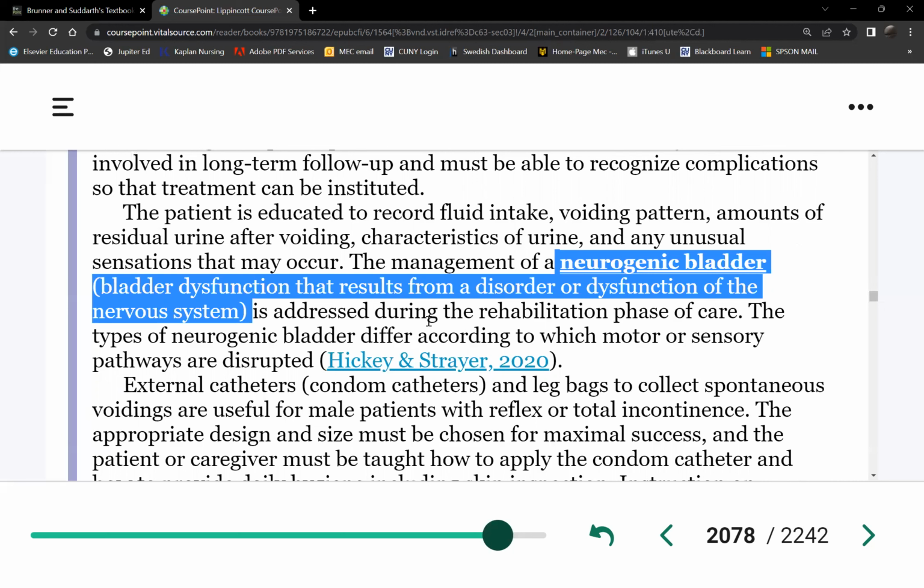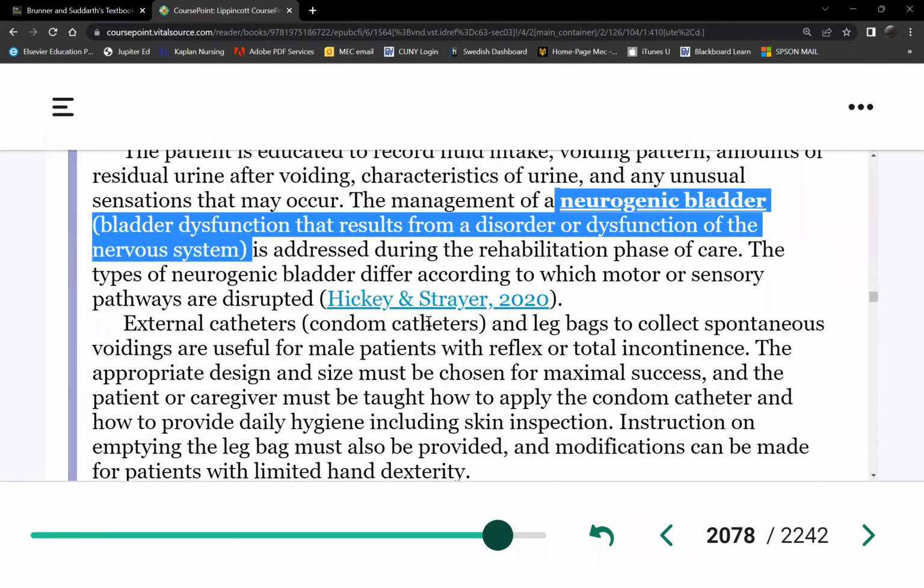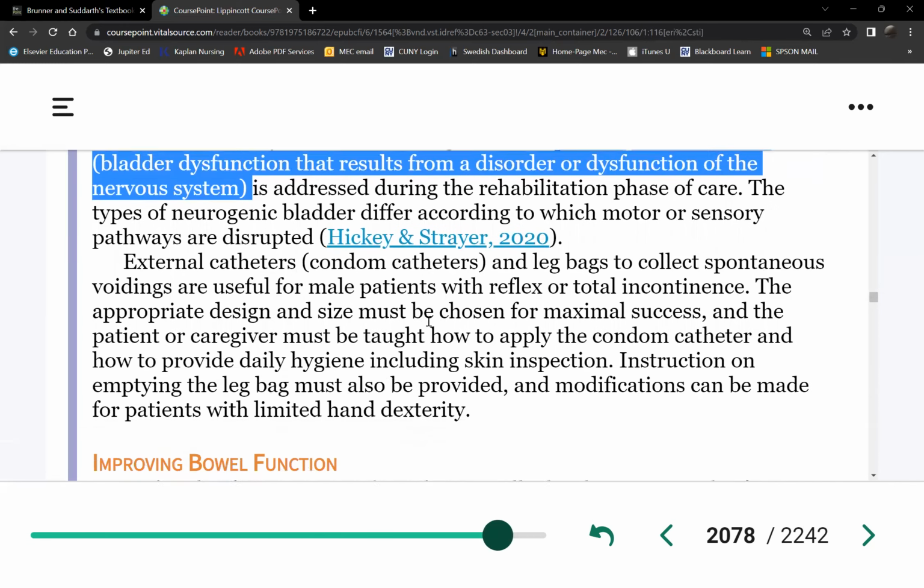The patient will therefore need perpetual self-catheterization or a Foley, whatever the patient's situation is. If they're in long-term care, most likely they'll have an indwelling catheter. If they're at home, they can do self-catheterization.